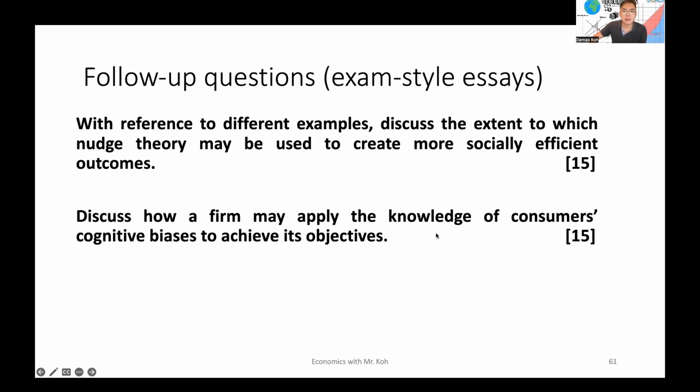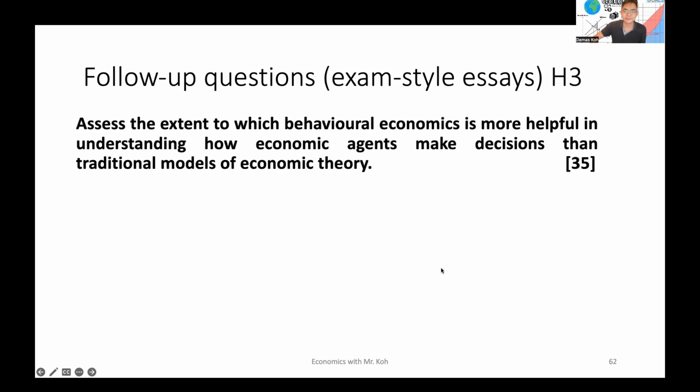Discuss how a firm may apply the knowledge of consumers' cognitive biases to achieve its objectives. Also 15 marks. In Singapore's version of the A-levels, Higher 3: assess the extent to which behavioral economics is more helpful in understanding how economic agents make decisions than traditional models of economic theory.